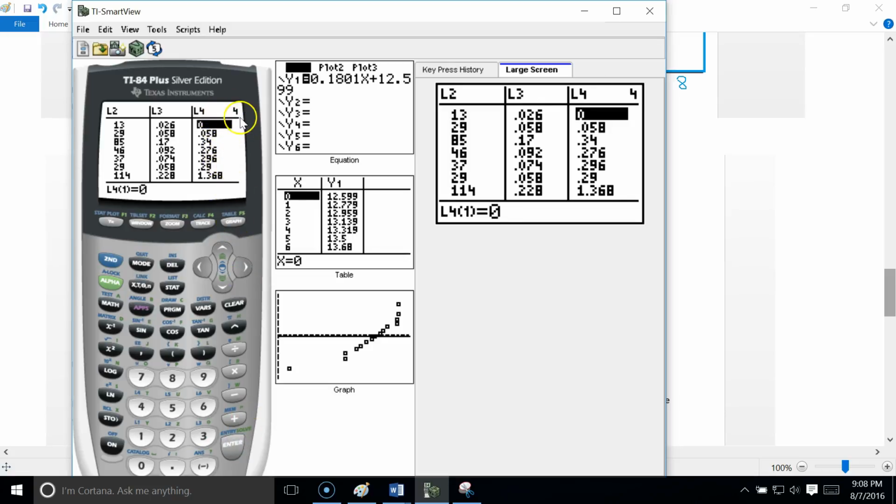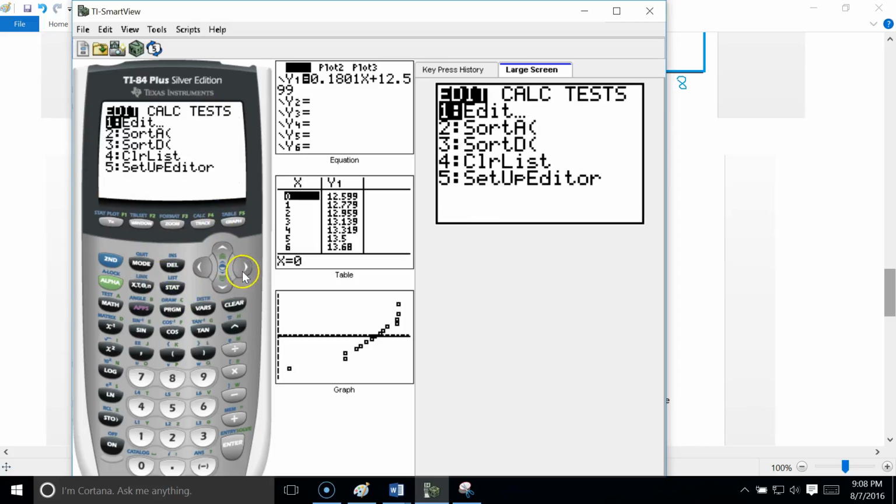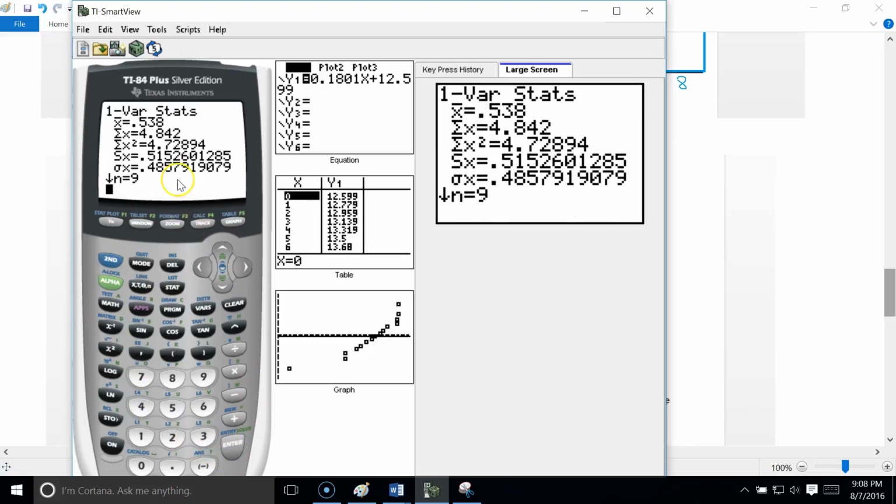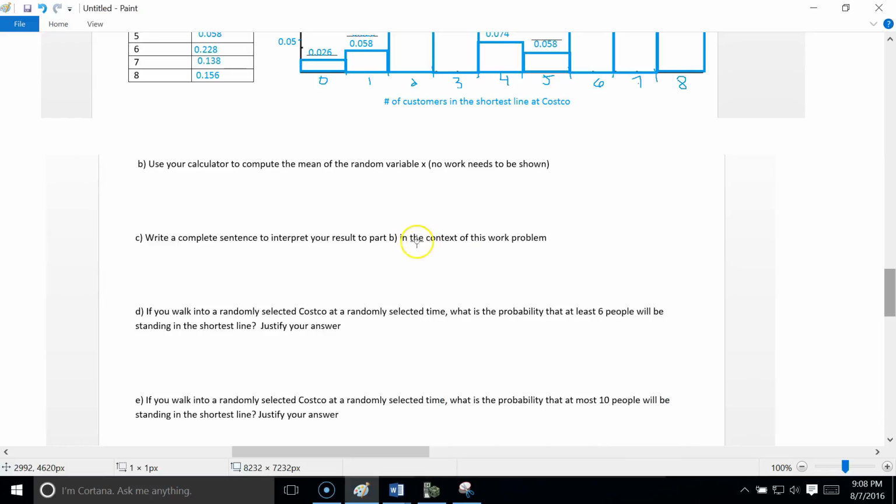And now what we need to do is add those values. So we need to do a one variable statistic on L4. And there's the sum. And the sum of all those values is 4.842. So that's the answer that belongs right in here. Okay, so write a complete sentence to interpret your results of part B. Okay, so there are several good answers to this.